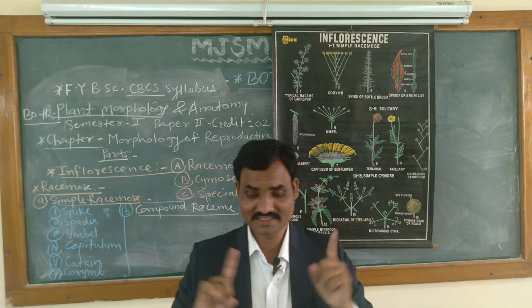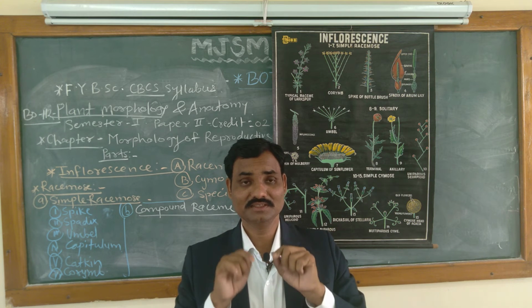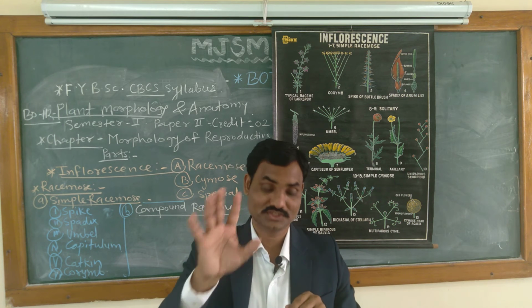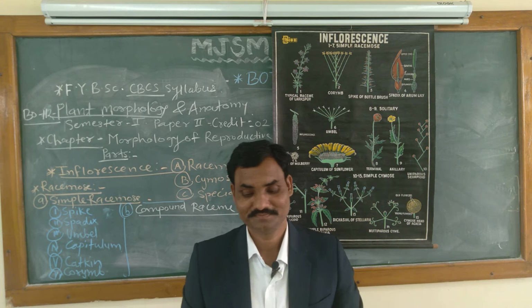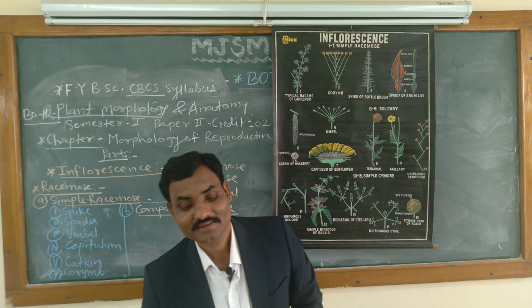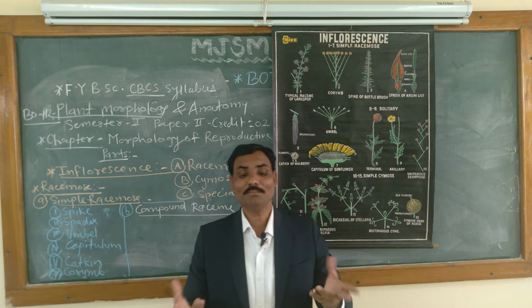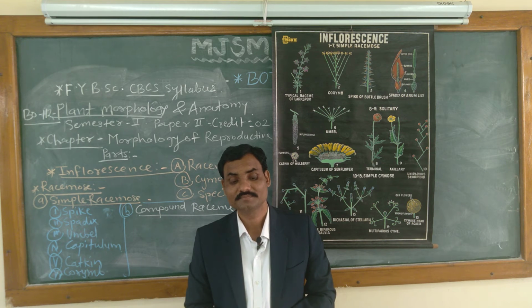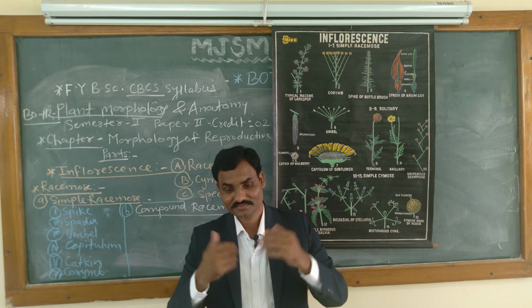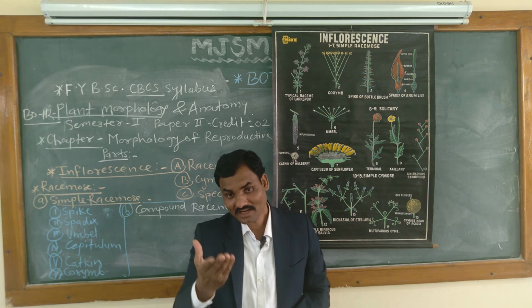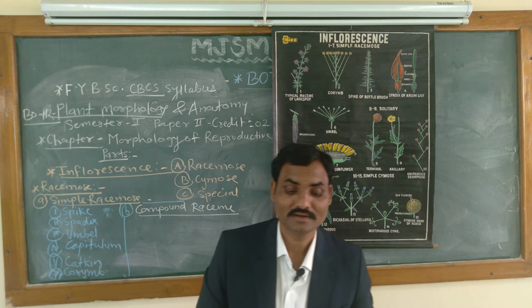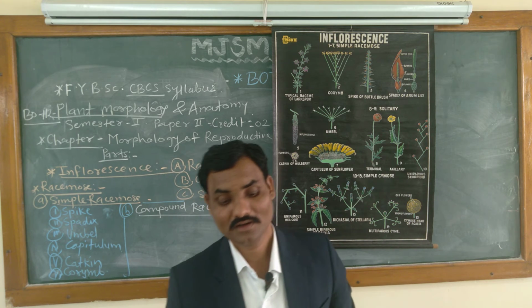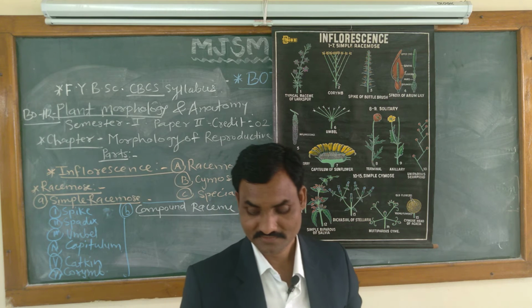The only difference is that the main axis is elongated and branched, but in simple spike it is unbranched. Examples of compound spike inflorescence are Amaranthus and Polyalthia.